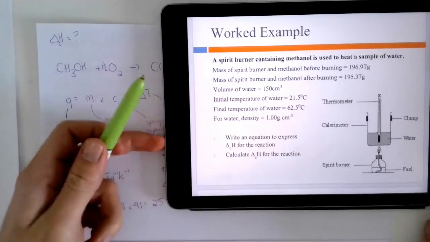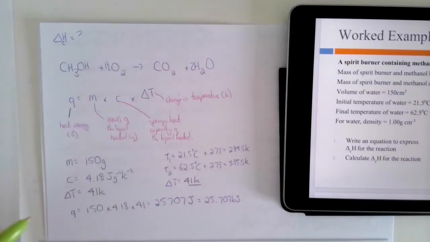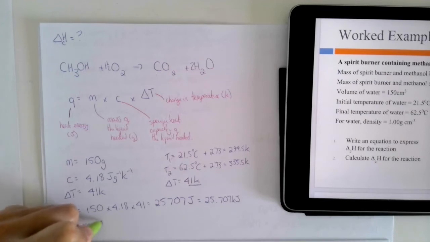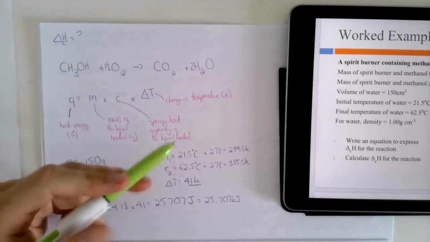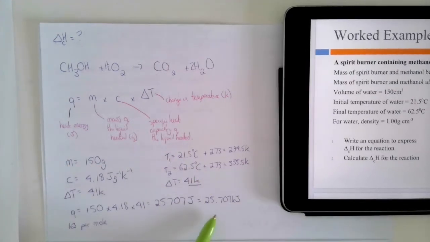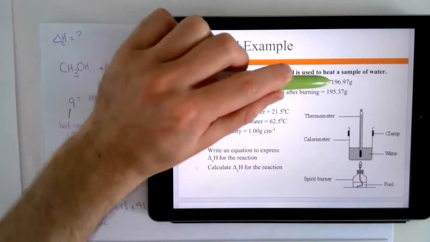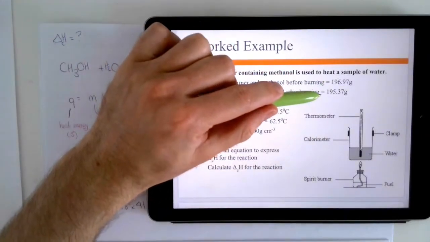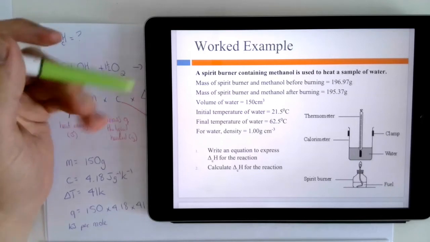If I want to convert it into kilojoules per mole of fuel, and standardize it, then what I'd need to do is take that value and work out how many moles of fuel were burnt to release that 25.707.